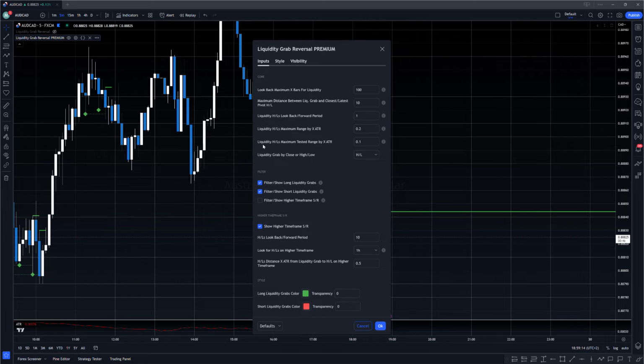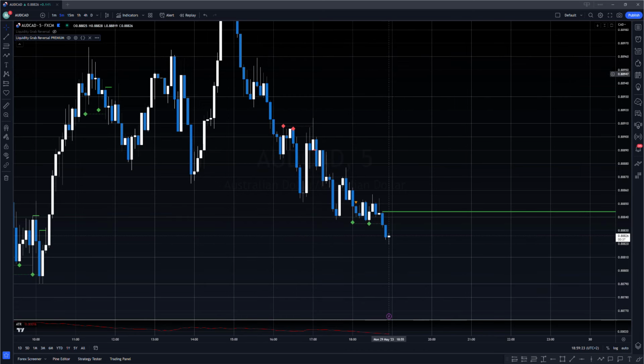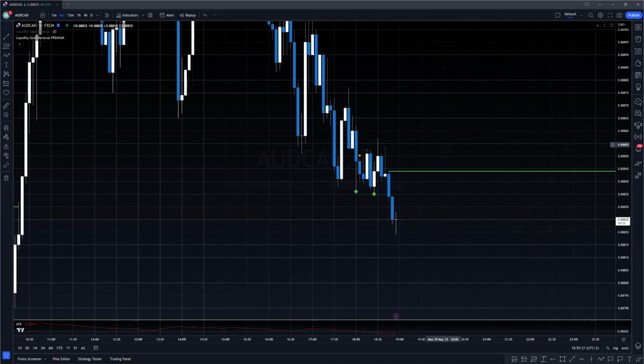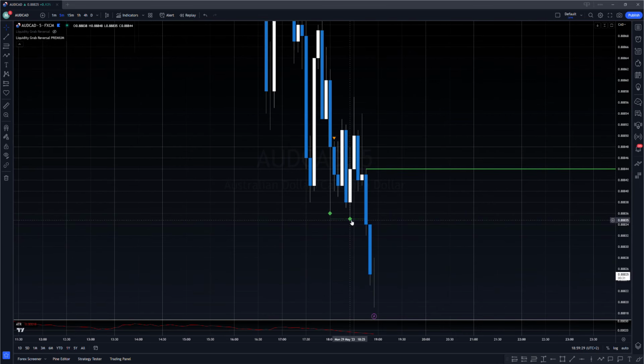Liquidity high lows maximum tested range by X ATR. It is very similar to this, but it shows that if, for example here, this low is lower than this low, how much lower it can be below this low to not find it like this low is tested.